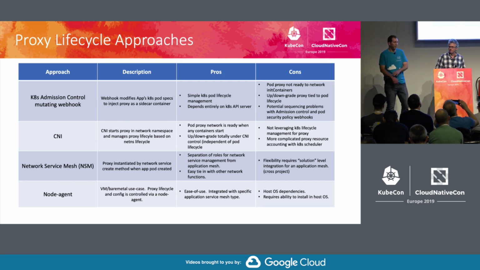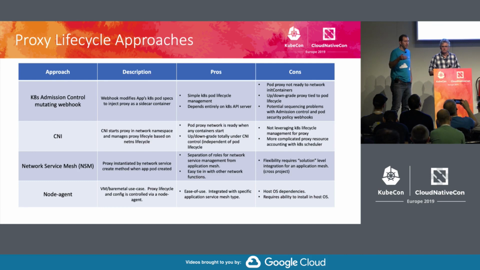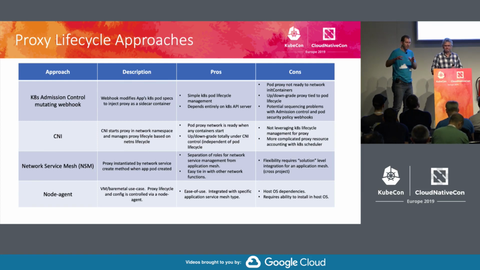Yeah, I just wanted to add, the question of where the proxy is instantiated, who instantiates the proxy, is probably the biggest discussion point on what's going on, what should be the future. There is a lot of momentum behind having the CNI do it, and actually Cilium has really integrated Envoy, and their model when they do their L7 policy is a little bit different than the per sidecar model, but it could probably be adapted to that.